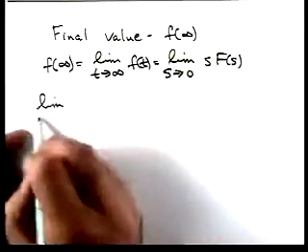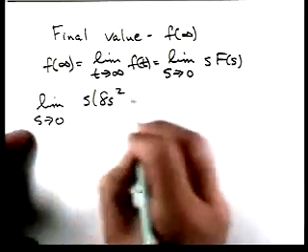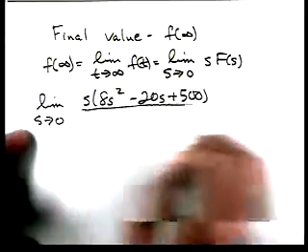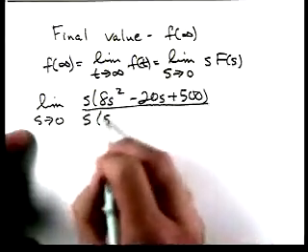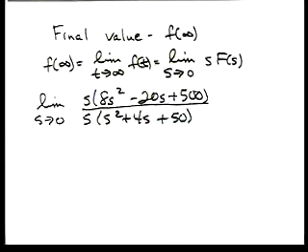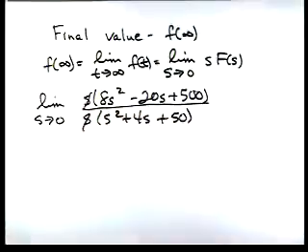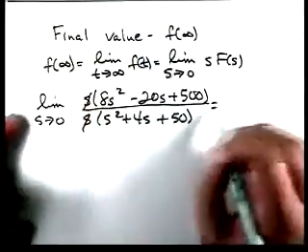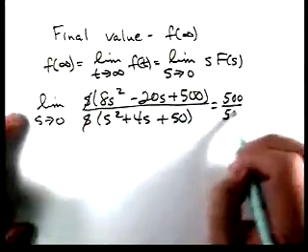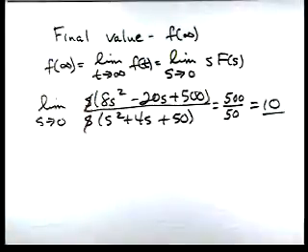So now we have the limit as s approaches 0 of s times (8s squared minus 20s plus 500) over s times (s squared plus 4s plus 50). Again, we cancel out the s's. Let s approach 0. We have 500 over 50, or 10, for the final value.